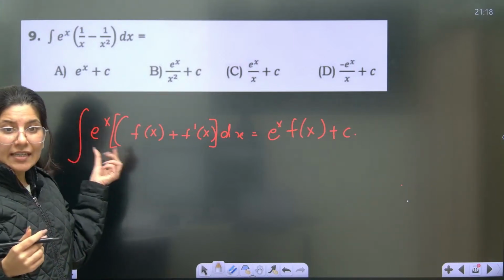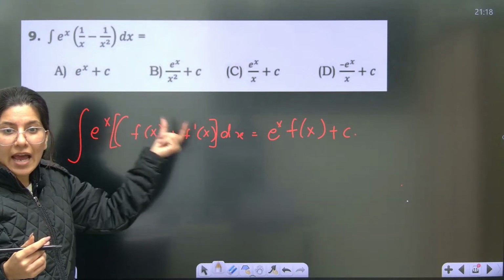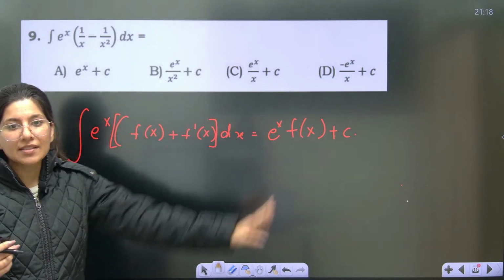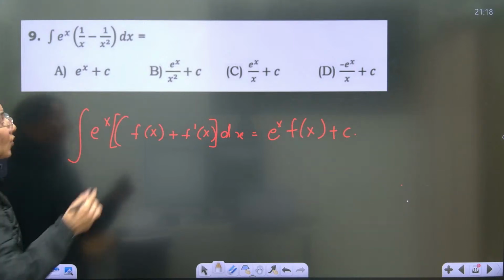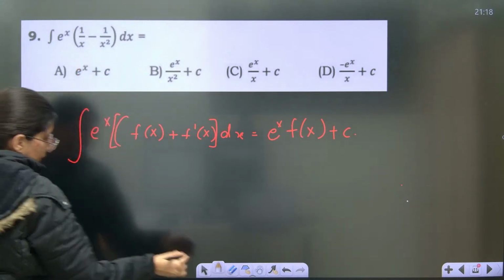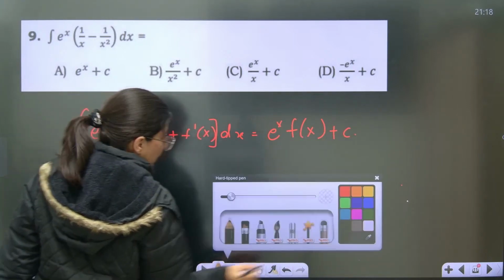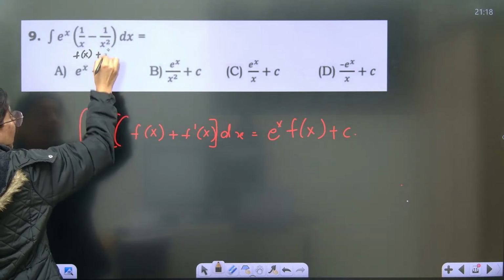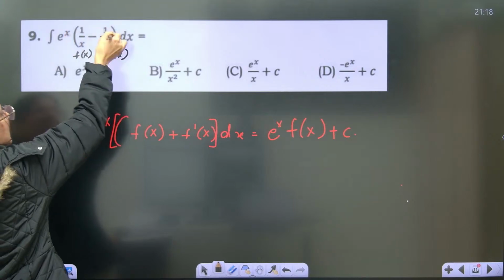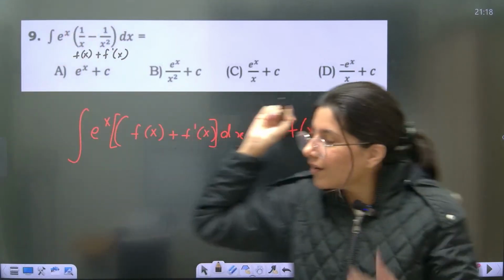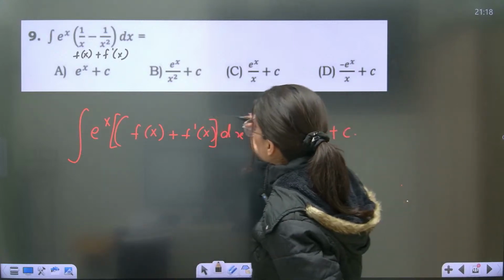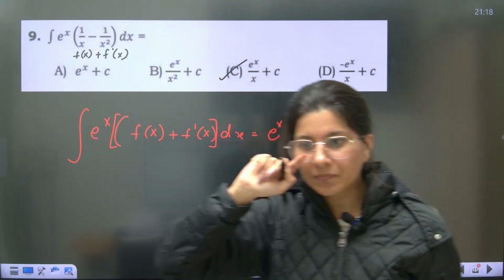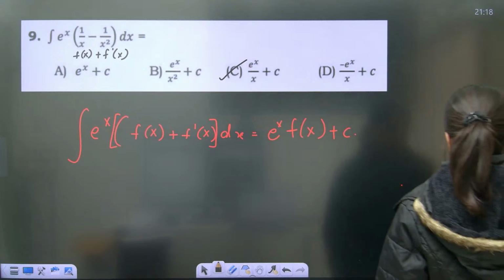So whenever you see e raised to power x, there is a function and its differentiation in summation given to you, your direct answer you can write e raised to power x into f x, and exactly the same is happening over here. If you mark this as f x, then this is your f dash x. The derivative of 1 by x is minus 1 by x square. Okay. So clearly this is going to become e raised to power x into 1 by x, option C. Yes, Uma? Getting it? Understanding it?